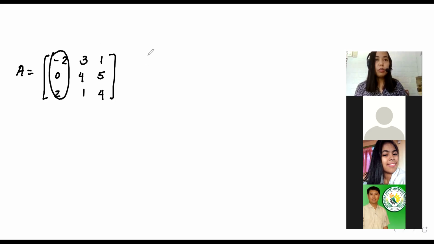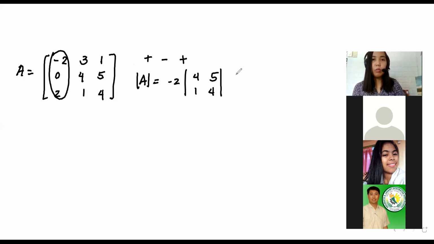Kasi may 0. Positive, negative, positive. Okay, so let's find the determinant of A. Positive times negative, still negative 2. 4, 5, 1, 4. 0 naman yung this one, row 2, column 1.